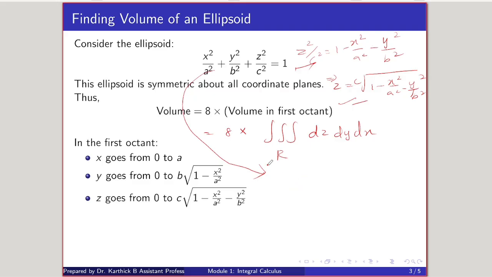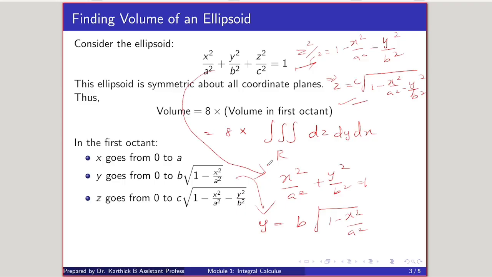Sorry, I am making that z term 0. So x square by a square plus y square by b square equals 1. So how do you find the value of y here? y will be equal to b times the square root of 1 minus x square by a square. Okay, this will be the upper limit.